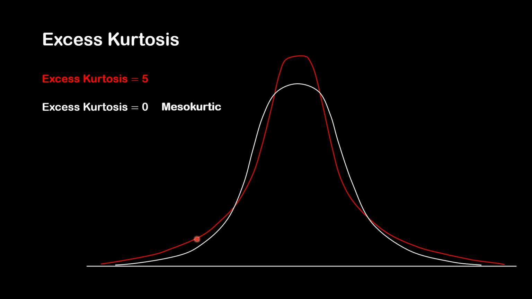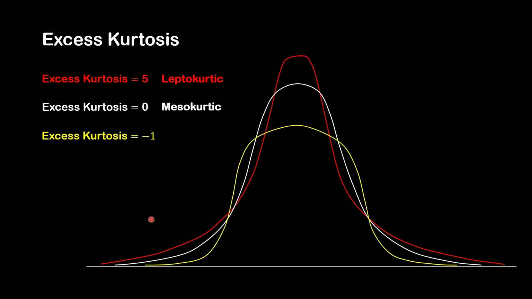And this type of distribution is said to be leptokurtic. Finally, some distributions have negative excess kurtosis and are shorter than normal with thinner tails than those of a normal distribution. And these distributions are said to be platykurtic.